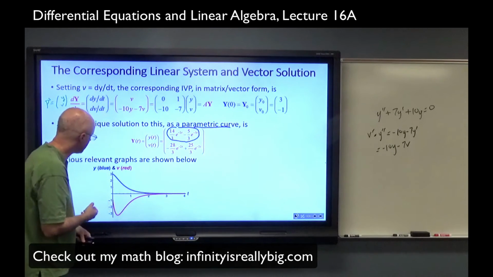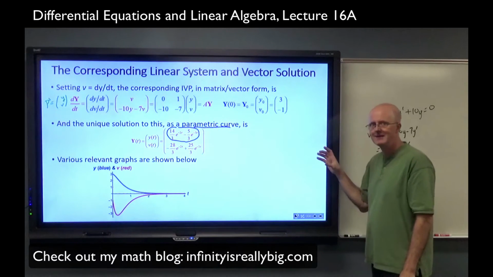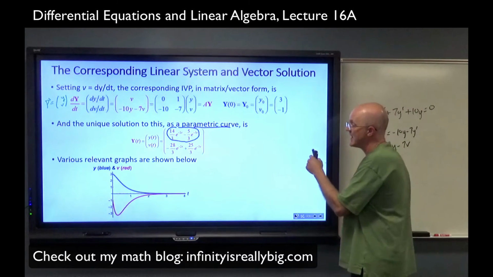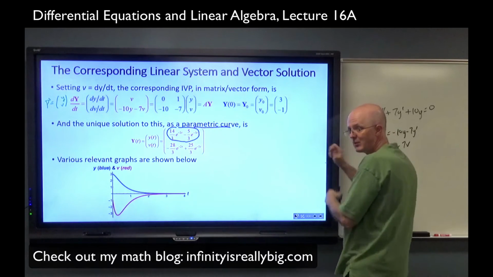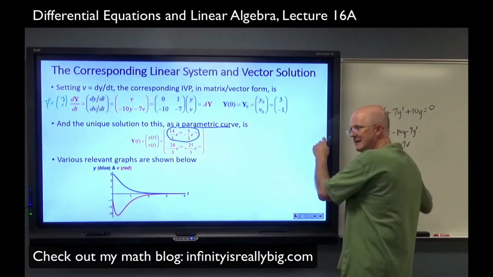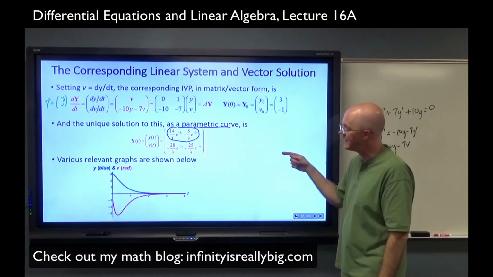What is this telling you? Remember, the situation was we were pulling it 3 meters to the right, getting some big spring, and essentially giving it an initial velocity that's negative. We're not letting it go from rest. We are like hitting it with a hammer to give it an initial velocity of negative 1 meters per second.